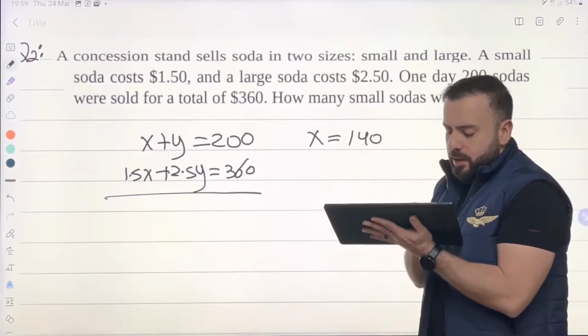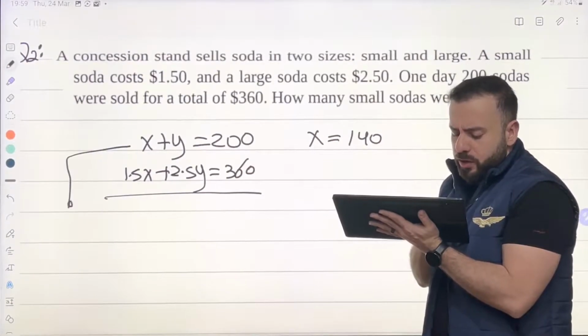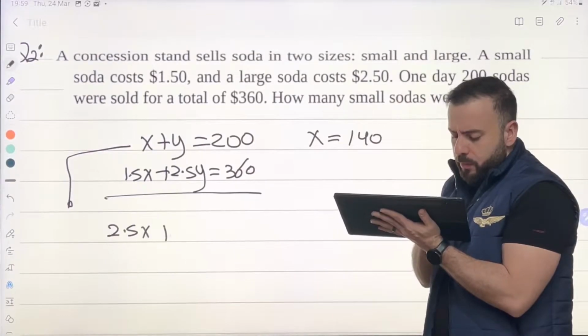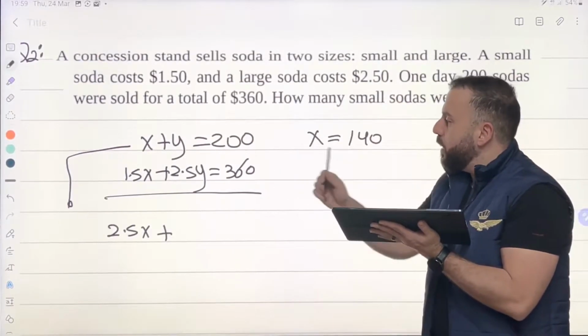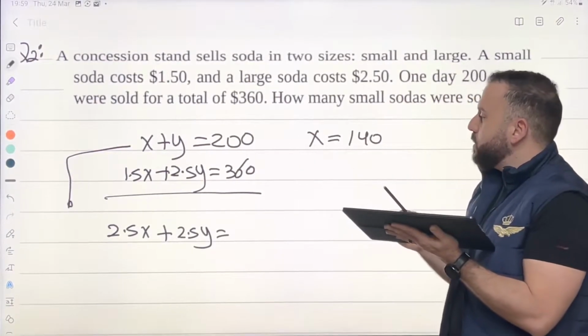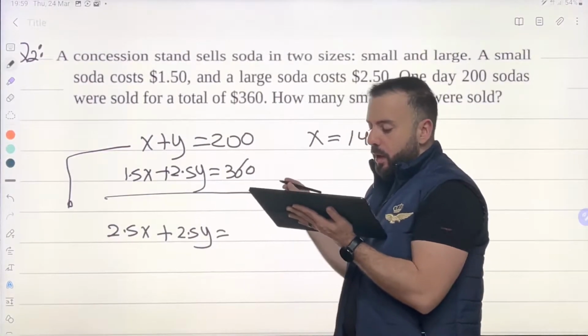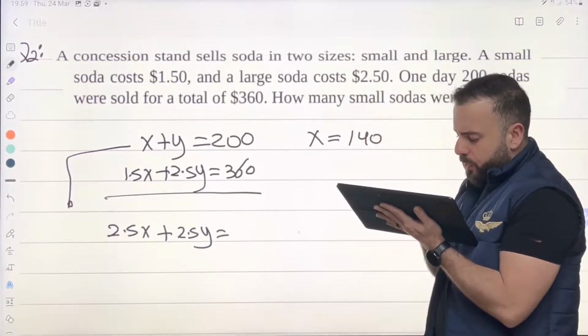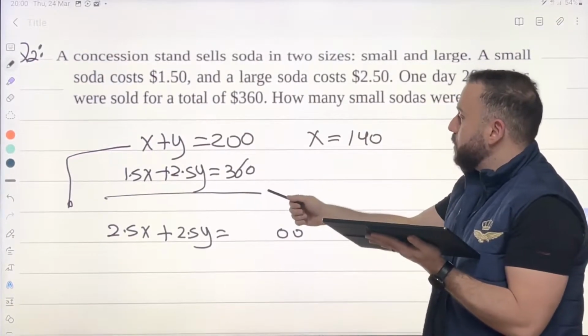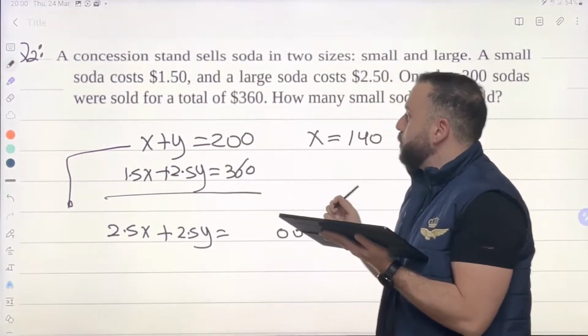Okay, check this. Multiplying the first equation by 2.5, that's going to be 2.5x plus 2.5y is equal to 200 times 2.5. Okay, that's going to be, we put the zeros, and it's going to be 2 times 2.5, which is equal to how much?